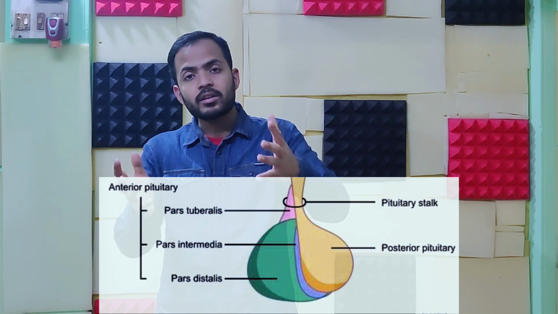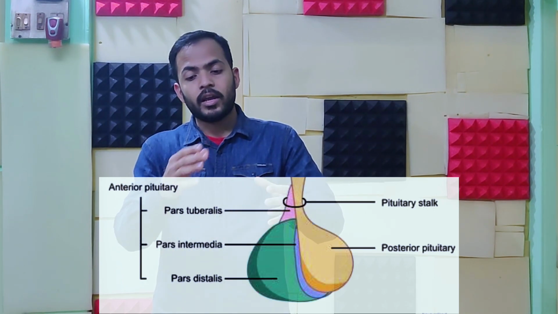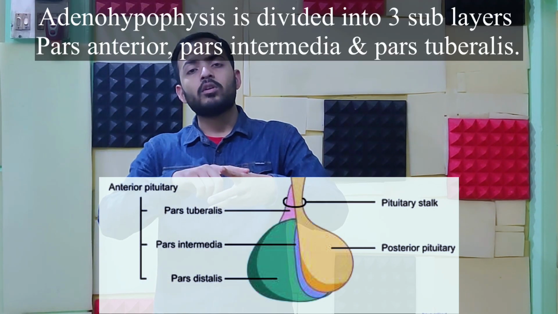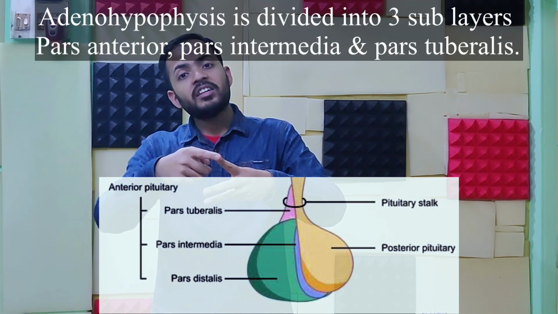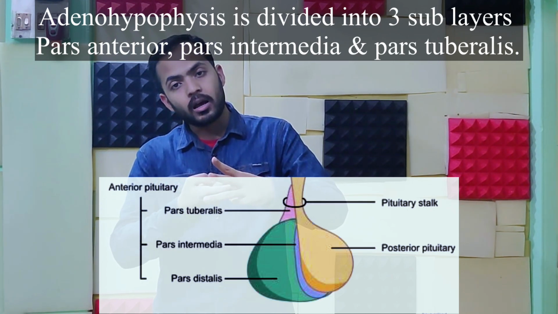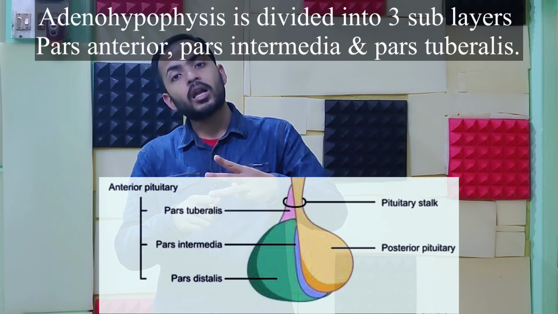See, the anterior pituitary, or adenohypophysis, is divided into three sub-layers. First of all, the pars anterior, then the pars intermedia, and then the pars tuberalis.